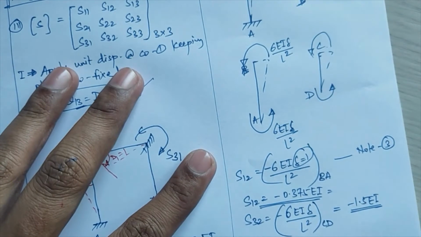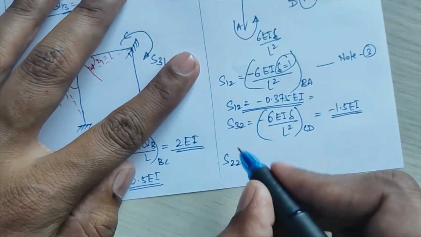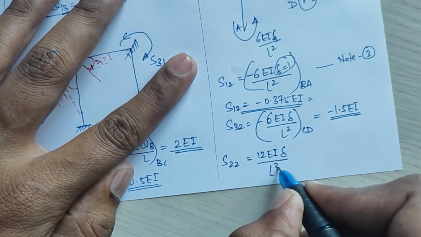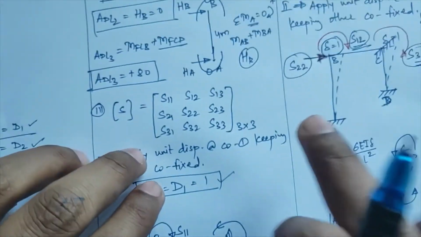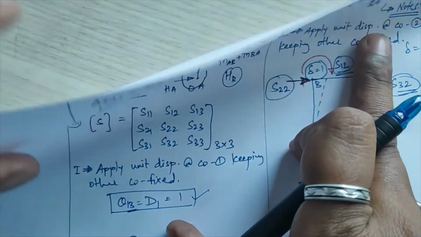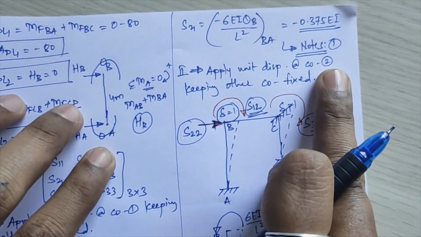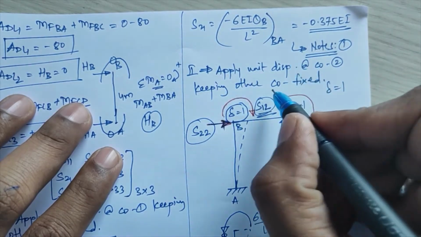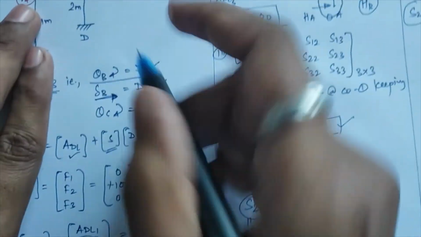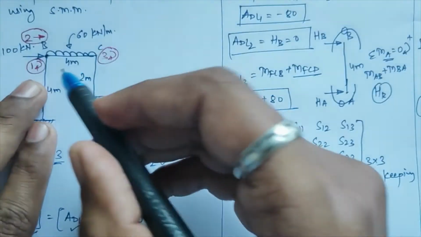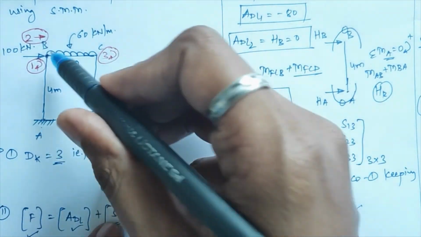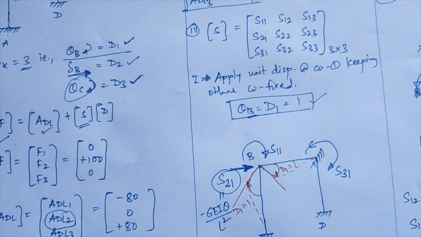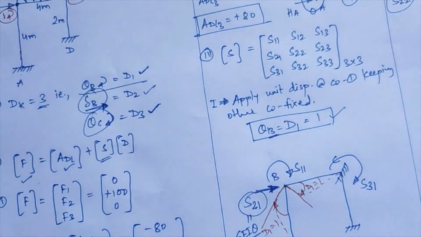So this S of 2,2 will be equal to 12 EI delta upon L cube. We are applying the unit displacement at coordinate 2 and keeping all other coordinates fixed, that is theta B and theta C, meaning we are restricting the AB and CD members for rotations but keeping them free for the delta values.